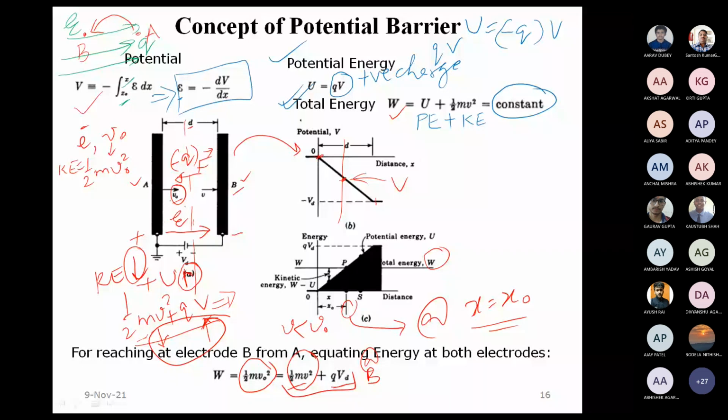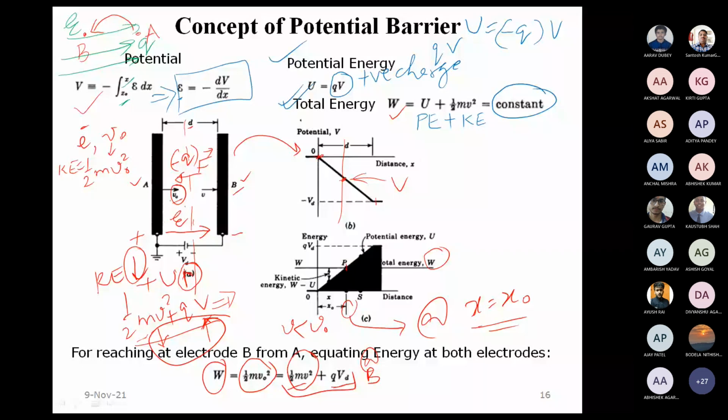So if we look at this case, the total energy is here: half mv square is equal to half mv square plus qV. So at this x equal to x0, beyond this, it will appear that the potential energy is larger than the kinetic energy.